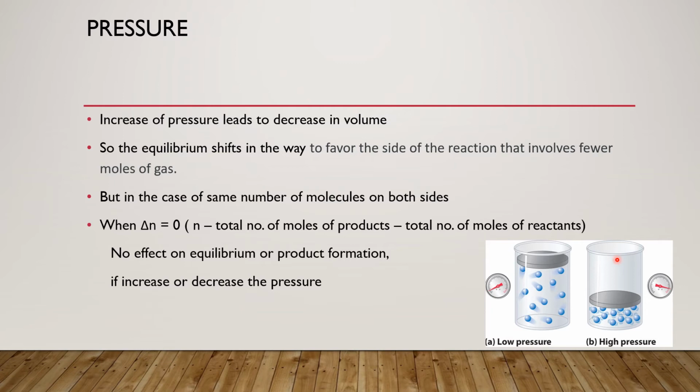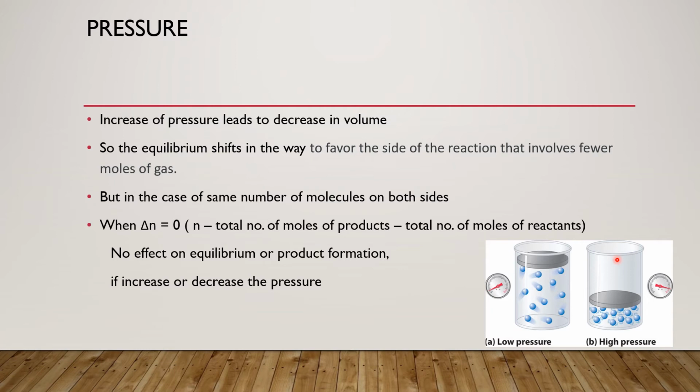What if the reactant side and the product side have the same number of molecules? Let's say A plus B gives C plus D. Both the reactant side and the product side are the same in number. In that case the equilibrium will not change.